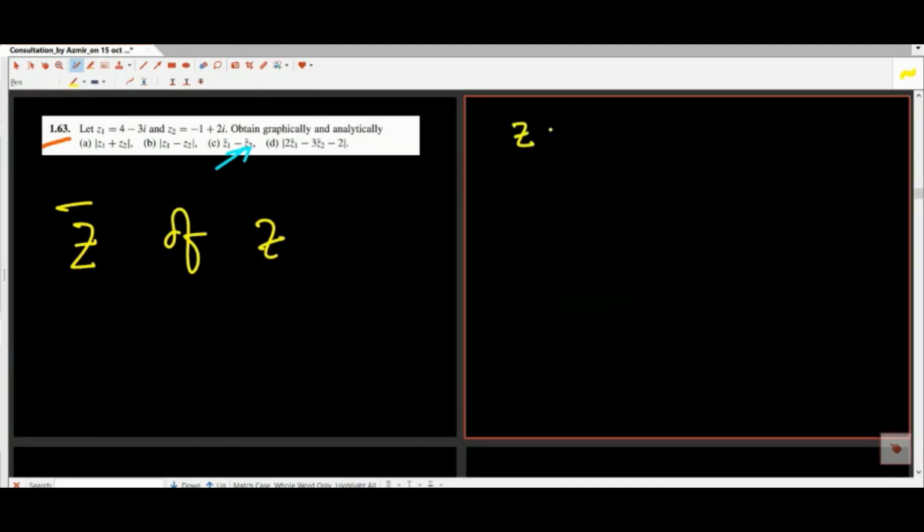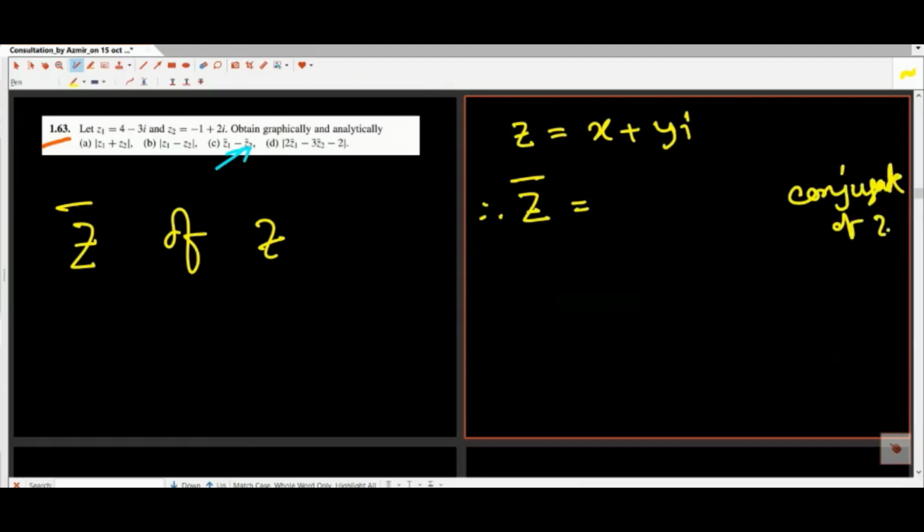If Z is a complex number, x plus yi, then Z bar is known as the conjugate of Z. That is, it will be x negative yi. Just y, previously it is plus, now it will be minus y.